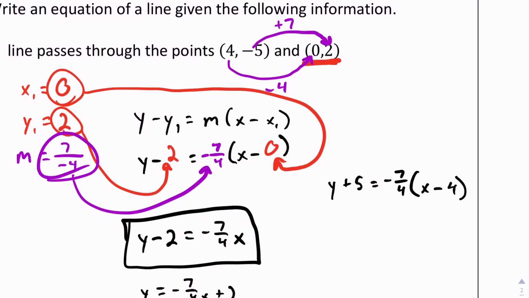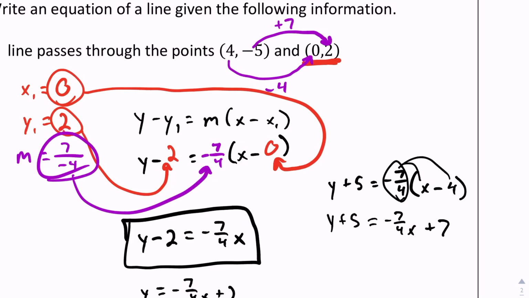So now we're going to take this slope and we're going to distribute it through the parentheses. So we get y plus 5 equals -7/4 x. And -7/4 times -4 is a +7.